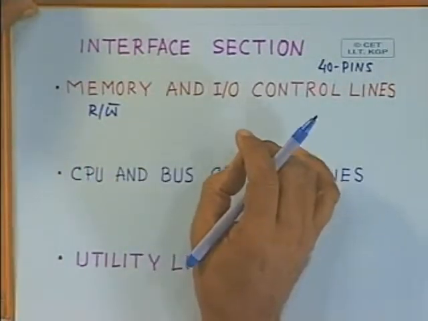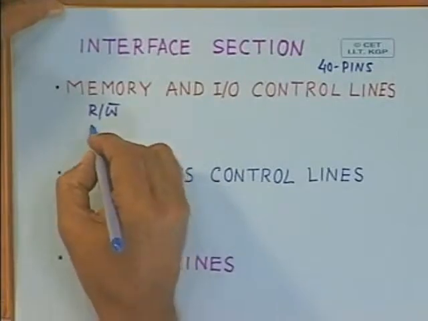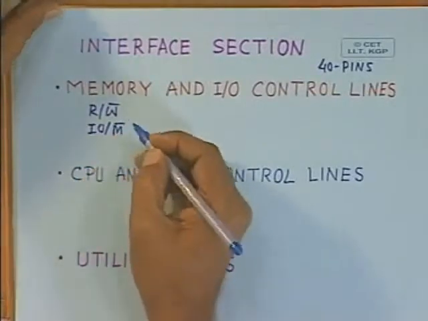Whether the CPU intends to perform read operation or write operation, because it is generating a signal which is applied to the memory or input output devices. So the CPU has to convey to the outside world whether the instruction that is executing is for read or write. So that is conveyed with the help of read write pin. Or you will see that there are some microprocessors in which the address that is generated can be for either memory or for IO.